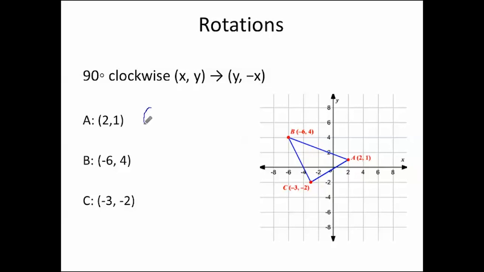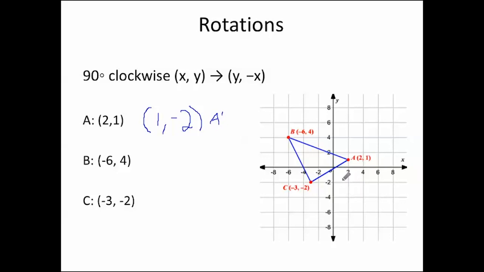So what was our y value in our point 2, 1 is now going to be our x value. So 1 will be our x value. What was our x value is going to have a change of sign, so it's going to become negative, and then whatever the original x value was, which was 2, so negative 2. So our A prime location is going to be at 1, negative 2.